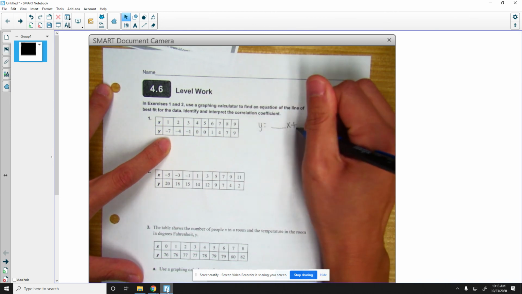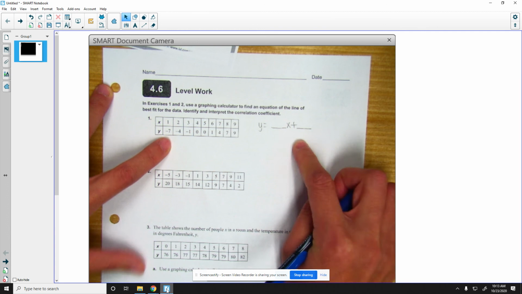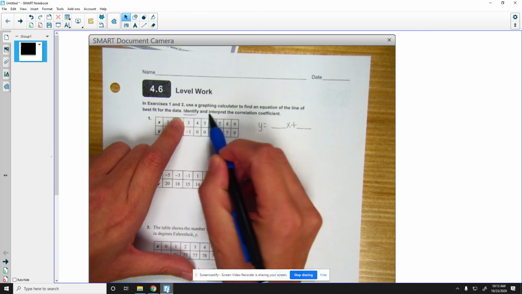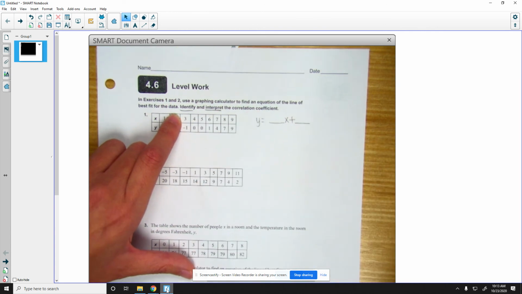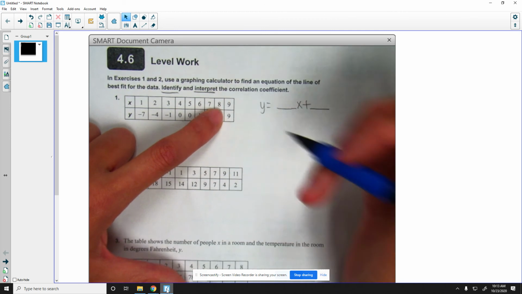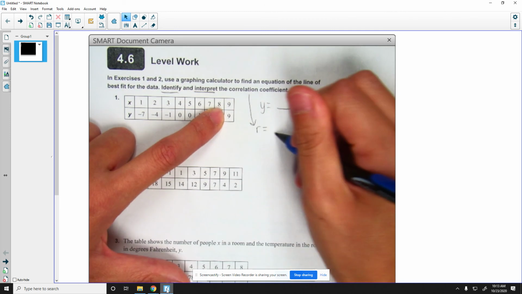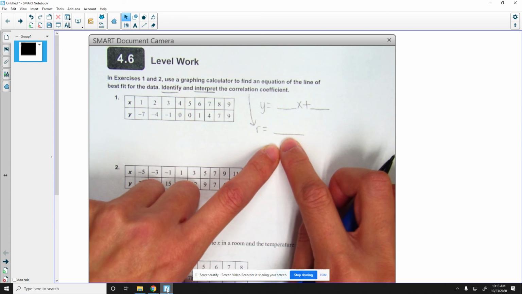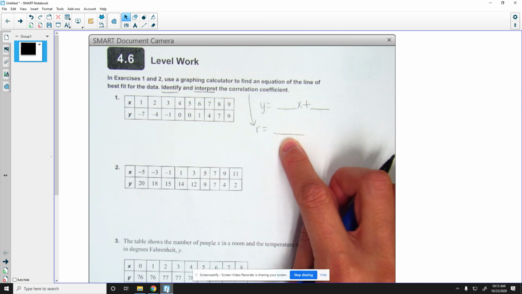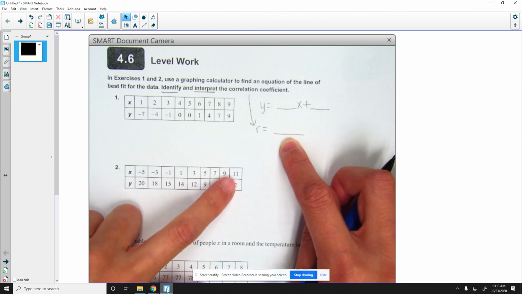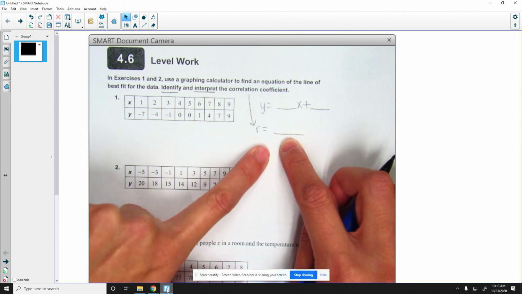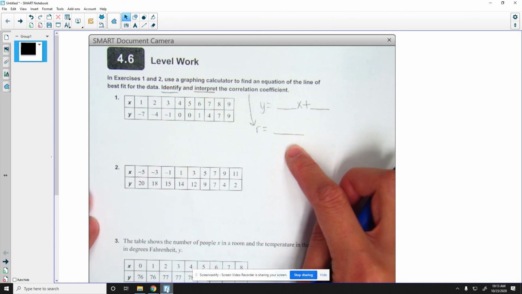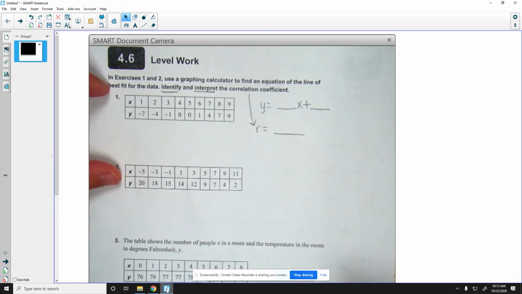So like y equals blank x plus blank, find the equation, and then identify and interpret the correlation coefficient. So the correlation coefficient is the R, right? Identify it. What's the number? And then tell me, is it strong? Is it really close to the number 1 or -1? Or is it weak? Is it like 0.2, 0.3? Is it bad like that? And then is it positive or negative? Which you can just look at the number and see. Okay, that's what you're doing for numbers 1 and 2.